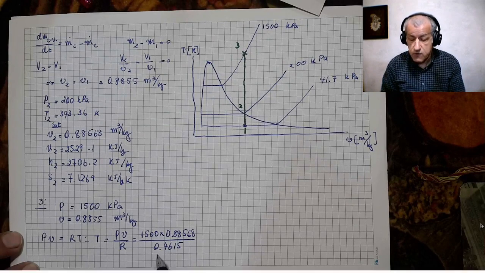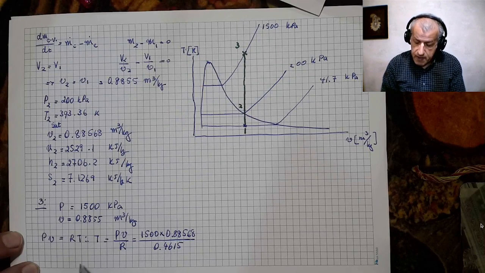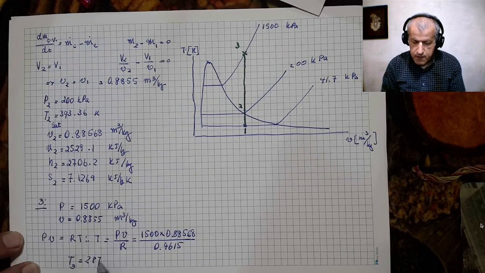For air, this value would be 0.287, but for water, this R is 0.4615. And the temperature at point 3 would be 2878.7 kelvins.